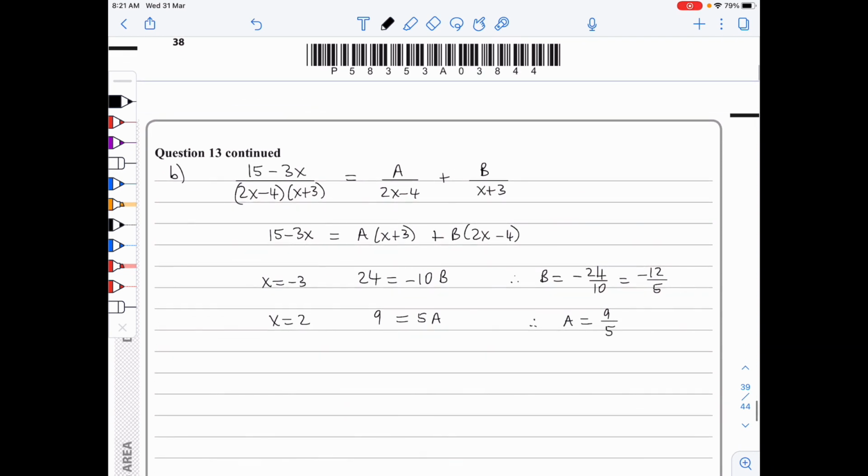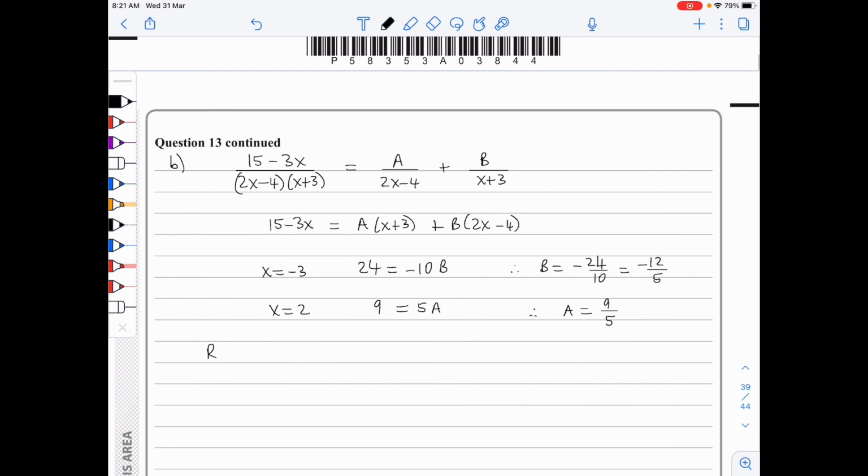So the shaded region R will simply be the integral from 3 to 5 of 9 over 5 over 2x minus 4, minus 12 over 5 over x plus 3.